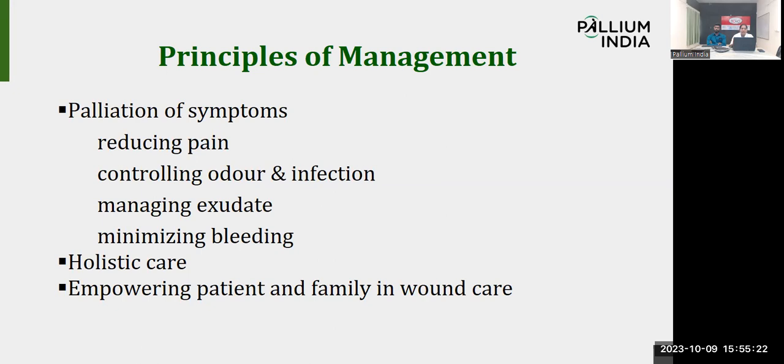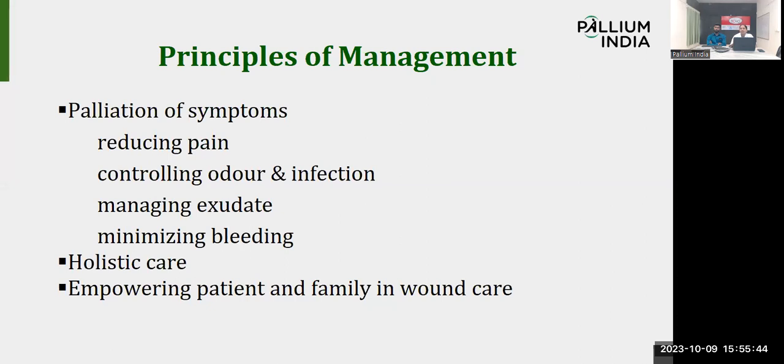ethamsylate and all, right? Then also holistic care. In palliative care we are focusing on holistic, that is complete care: physical, psychological, social, and spiritual. Why are we focusing on that? Once the patient gets the disease, he will be physically impaired.